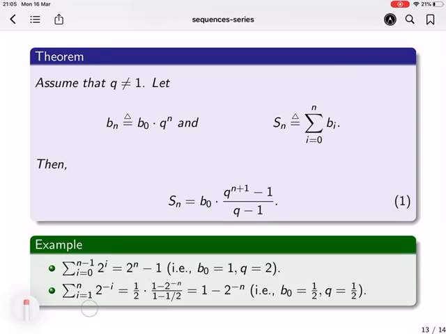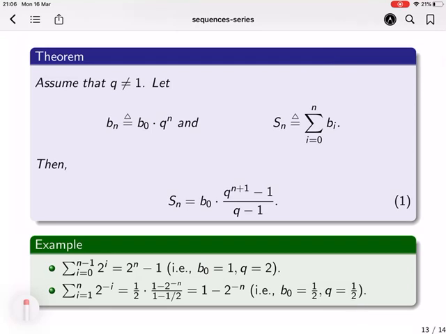Good. What happens if I look at the negative powers of 2? Namely, I'm looking at the geometric sequence that goes like 1/2 plus 1/4 plus 1/8 and so on. Here, the first element is 1/2, and every time the next element is smaller by the factor of 2. So my Q is 1/2 as well.